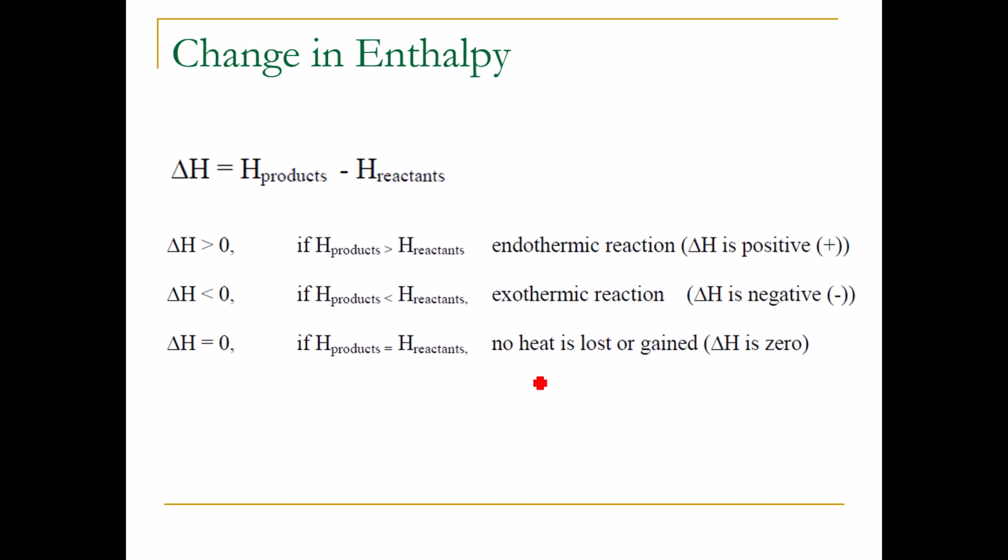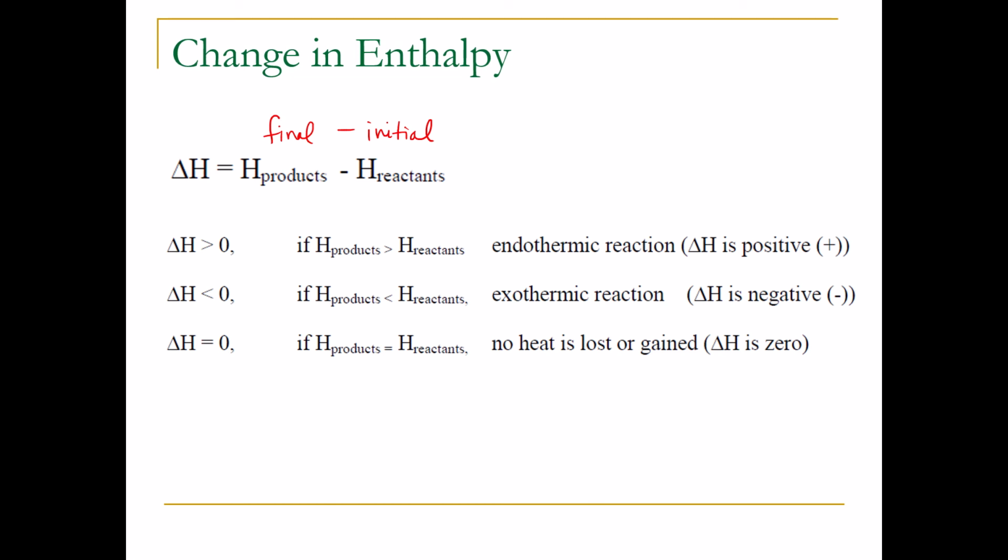We also can define delta H based on this final minus initial idea that we talked about with energy. And remember, we talked about energy only depends on where we start and where we end. We can calculate a delta E by subtracting final minus initial.